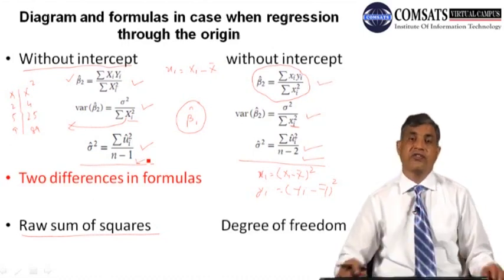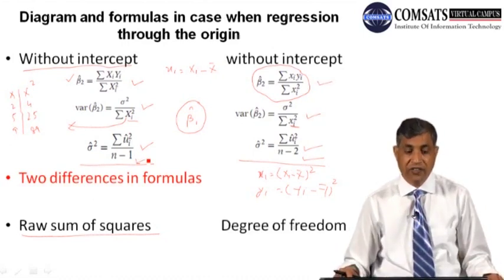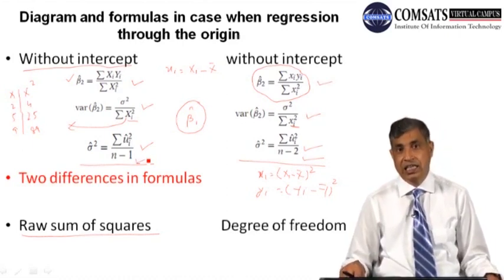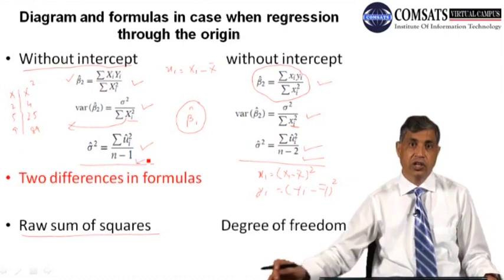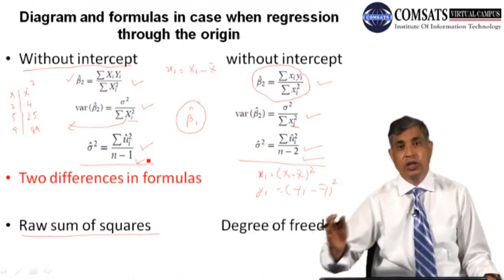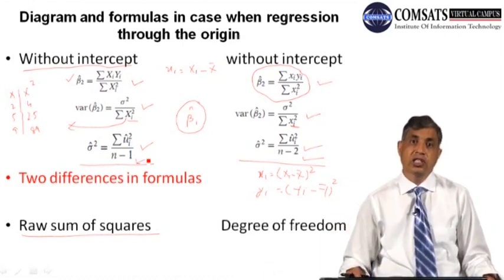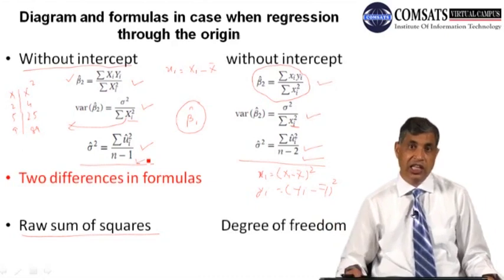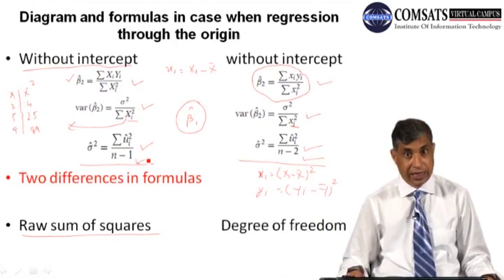So two differences appear in the formulas. The first is we take only the raw sum of squares when the model is through the origin, and on the other side we use sums of squares that are the deviation of each value from its mean, in the case when the intercept is present in the model.